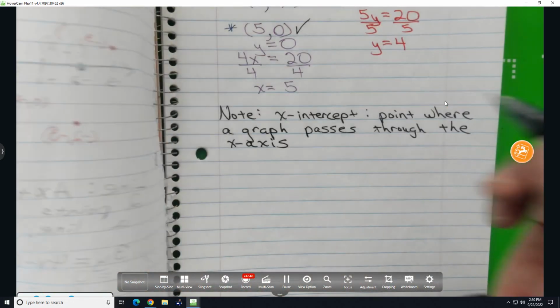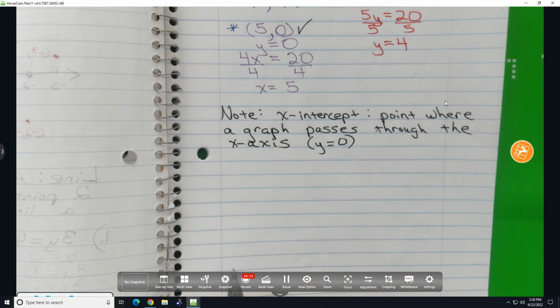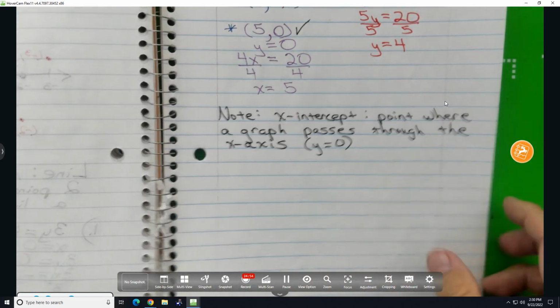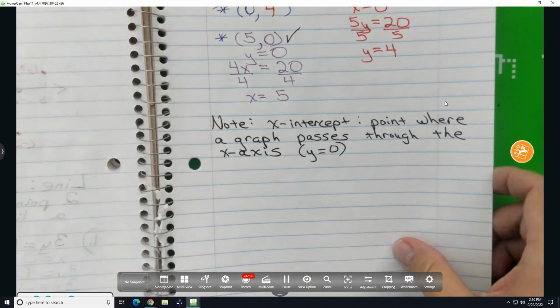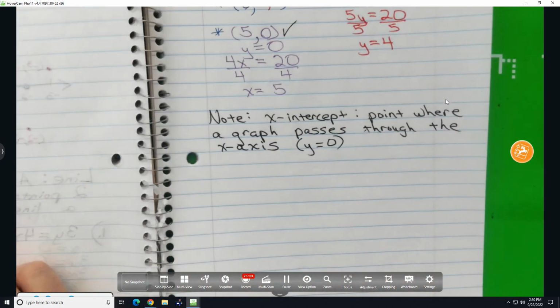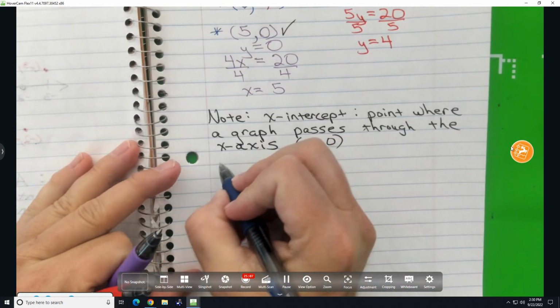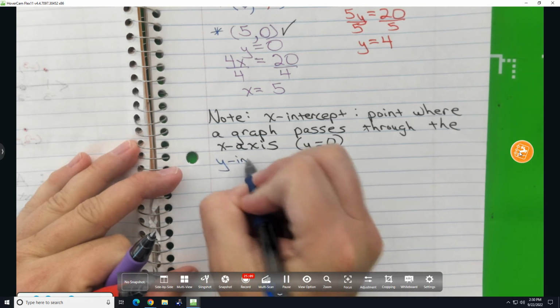So make a note: y is equal to 0. And now the y-intercept: the point where the graph passes through the y-axis.